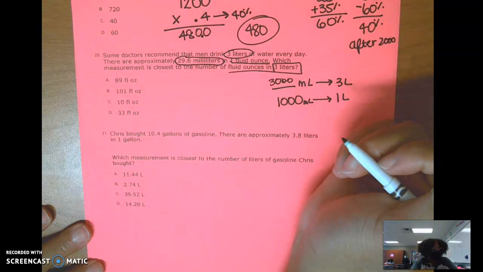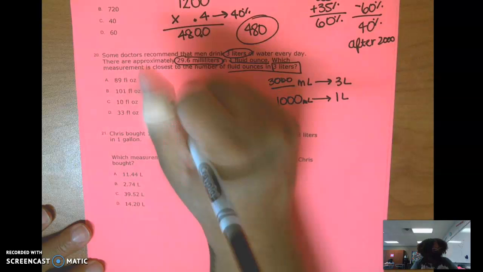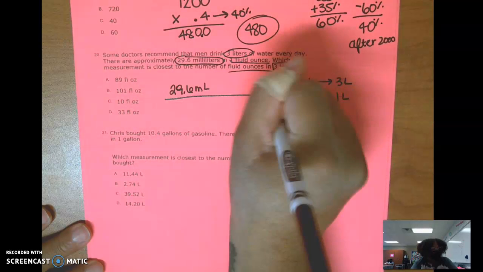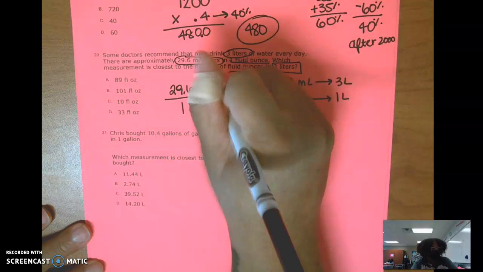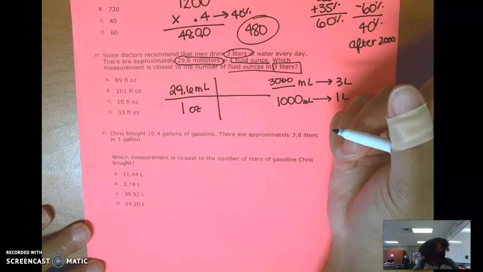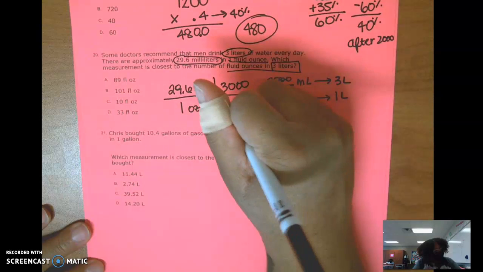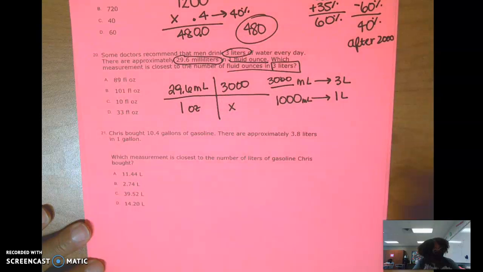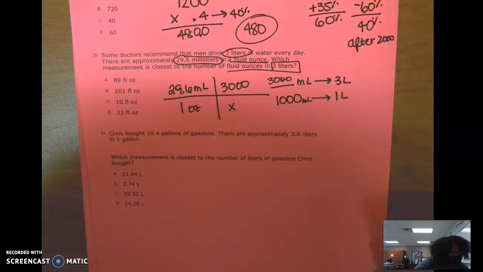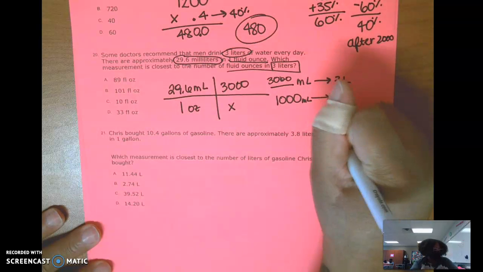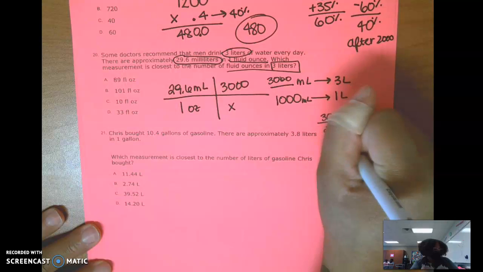If I am at 29.6 milliliters, that's in 1 ounce. I want to know about 3,000 milliliters and how many ounces that's going to be. Did I do that correctly? I think so. So, 3,000 divided by 29.6.